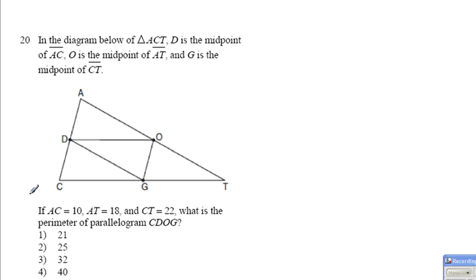Choice number 1. Now here we have, since AC is 10, then this becomes 5. AT is equal to 18. That makes this one equal to 9. Oops, wrong one.